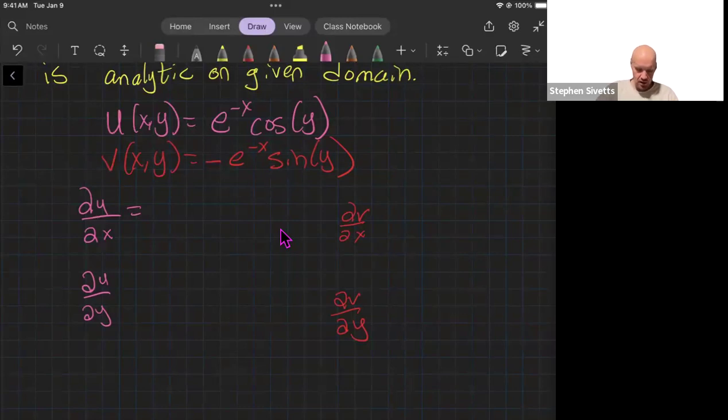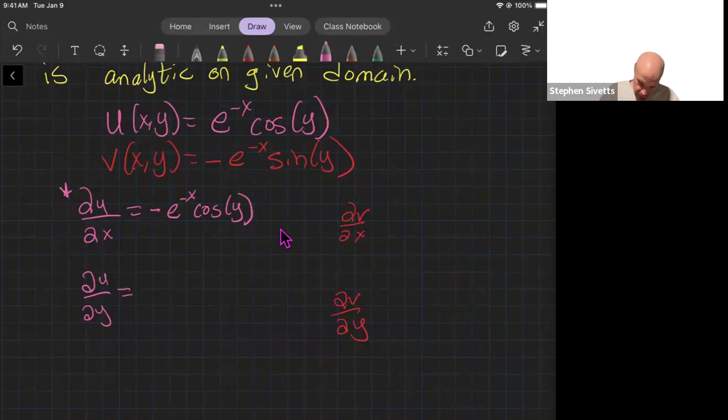So for the partial of u with respect to x, we differentiate e to the minus x and treat cosine of y as a constant. In this case, this would be minus e to the minus x cosine y. Cosine of y is a constant. For the partial of u with respect to y, this time we differentiate the functions that contain the variable y, and leave the other variables as constants.